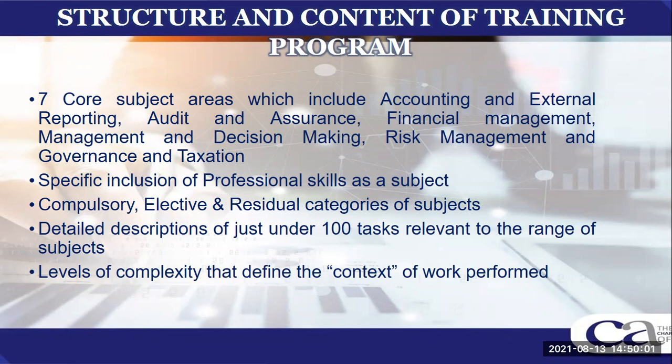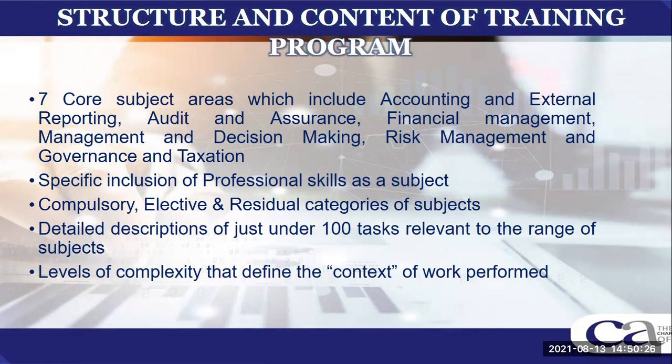So under each of these core subject areas, you'd find that there are close to 100 tasks that are relevant to the range of subjects that one must perform during the period of their training program, in order to say that they are competent in accounting and external reporting, they are competent in audit and assurance.